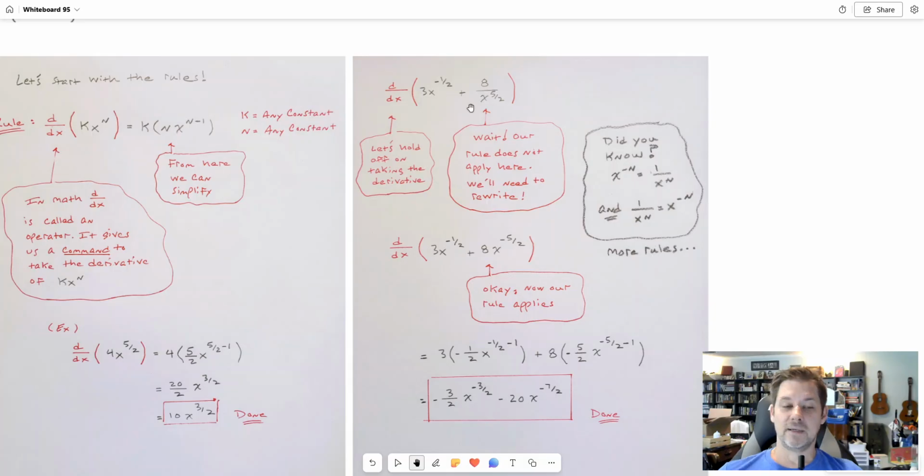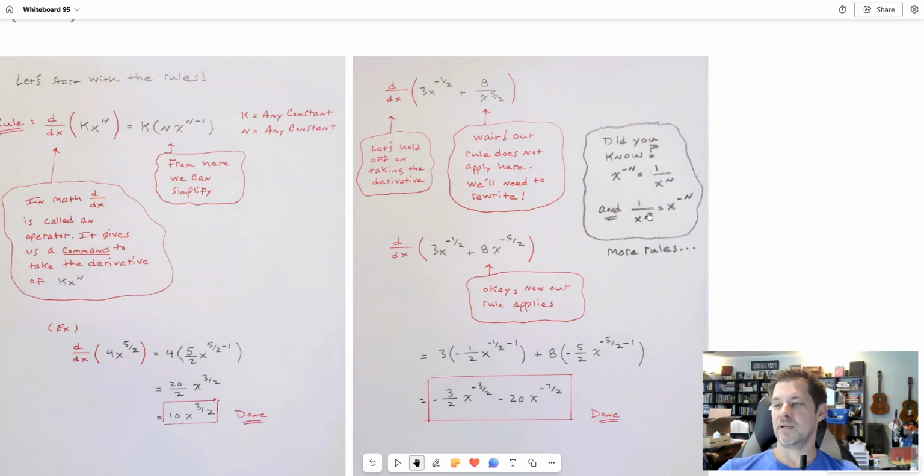Now we'll have to go back to something that you should have learned in algebra. If you didn't, it's something we can review. It says, if you have a number to a power, if it's under the bar, you can move it above the bar, but the exponent will switch signs. So like 1 over x to the n, you could say that's x to the negative n power, and vice versa.